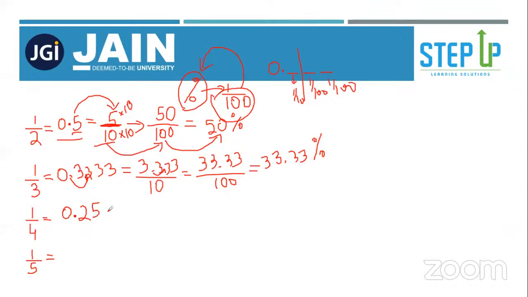Now, this 0.25, what is it in fraction? How can I write it in fraction? Yes, 25 by 100. 25 by 100 in percentage, since it is divided by 100, I'm writing it as 25 percentage. Are you clear with that?